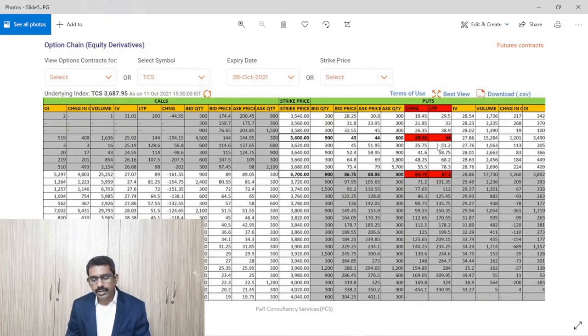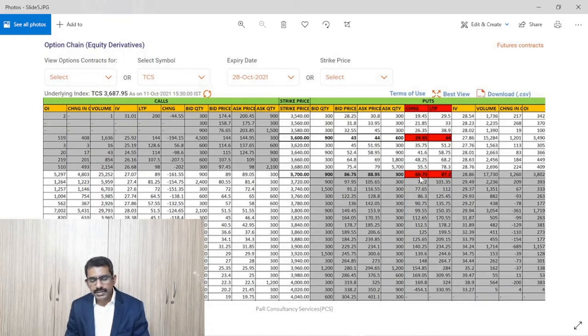So if you look at the last trading price for the strike price of 3600, it is 44, and the change is around 30 rupees, which means in the previous trading session the last traded price was around 14 rupees. Now today, because of the 250 rupees fall, the current trading price is 44, and for the strike price of 3700, the current trading price is 87.